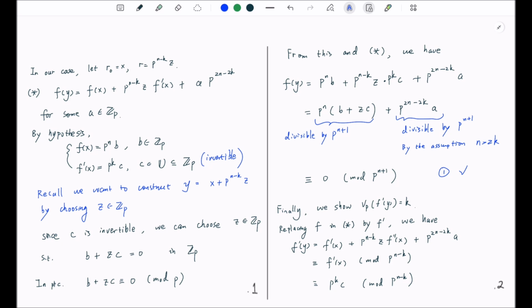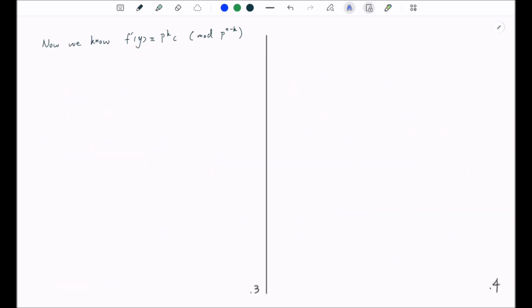And the answer is yes. The key here is that n is bigger than 2k. Or in other words, n minus k is bigger than k. What does that mean?